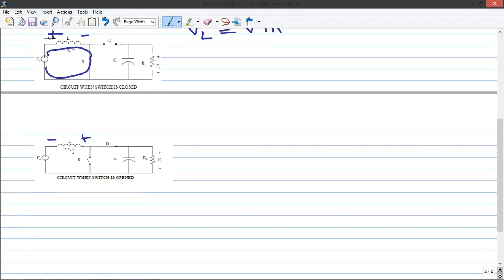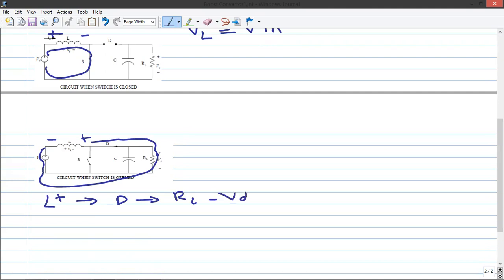The current flows from the inductor positive through the diode, the capacitor and the load RL, towards the supply positive, and from the supply negative back to the inductor minus.